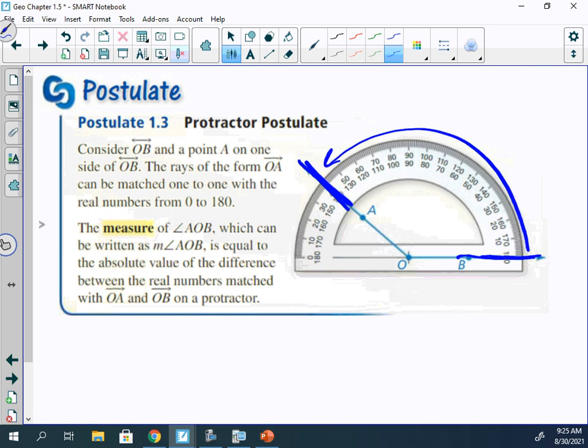So it's 10, 20, 30, 40, 50, 60, 70, 80, 90, 100, 110, 120, 130, 140 degrees. Now, what they're saying is, we can say this is at 180, and this over here is at 40. Well, I can say 180 minus 40 is 140.